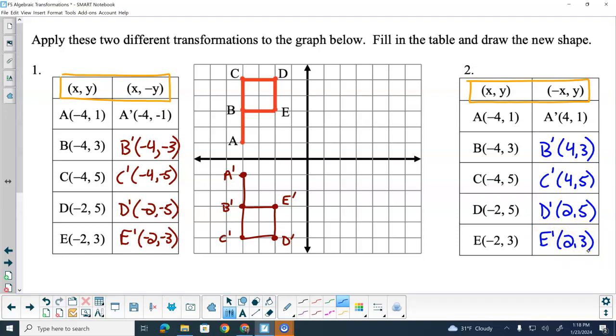So let's plot those. 4 comma 1 is 4 to the right, 1, 2, 3, 4, and 1 up. B prime is 4 to the right, 3 up. 1, 2. C prime is 4 to the right and 5 up. D prime, 2 to the right, 5 up.